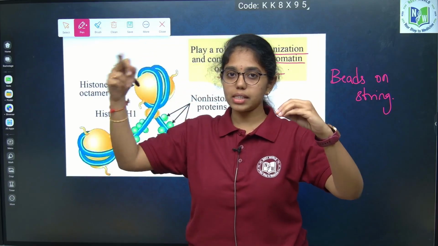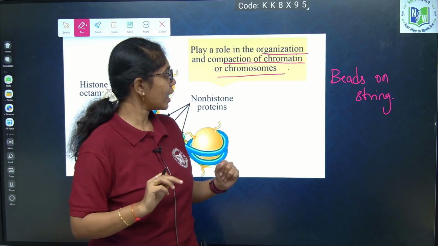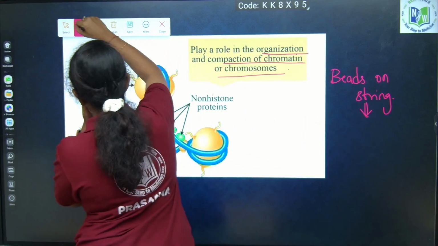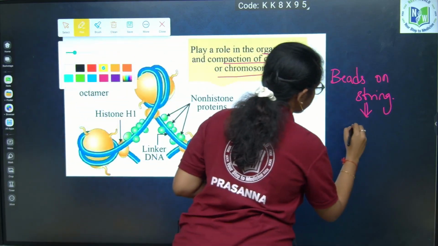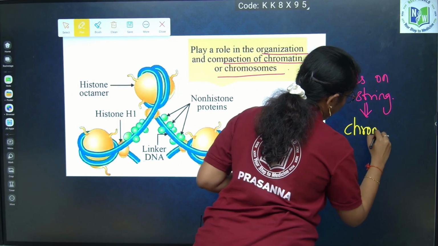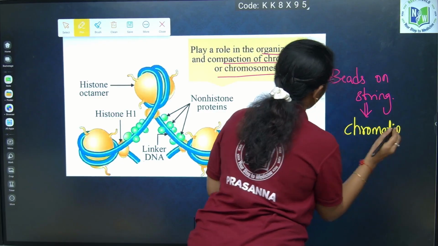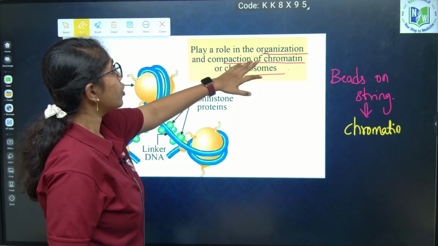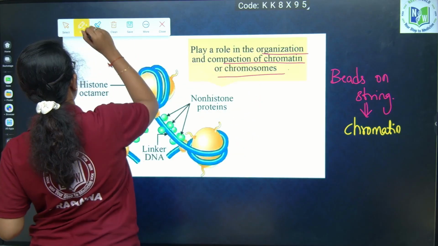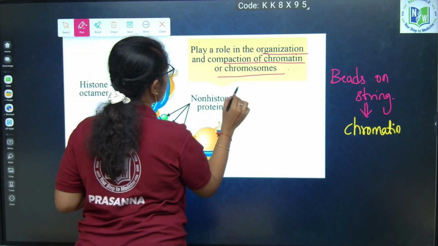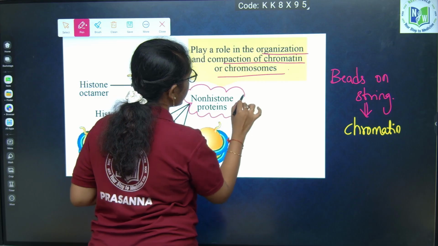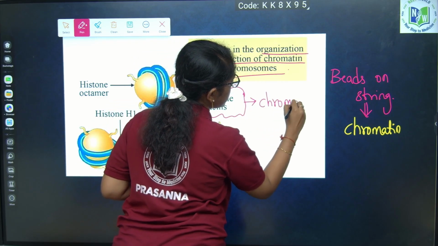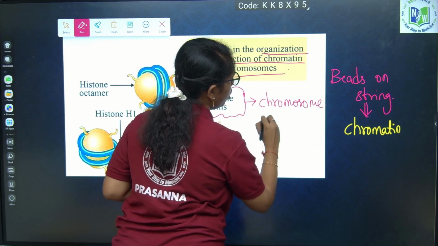That is seen in chromatin. Further condensation into chromosomes is done by non-histone proteins, which further condense it into chromosome.